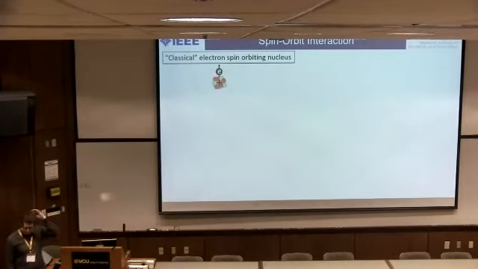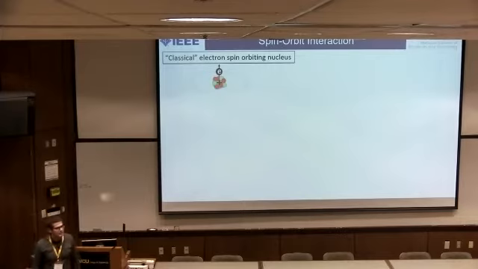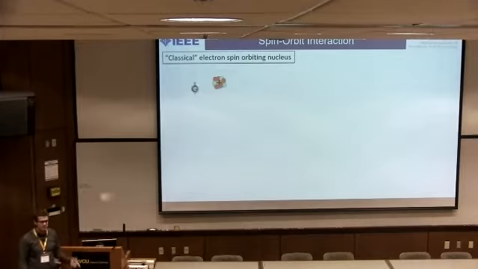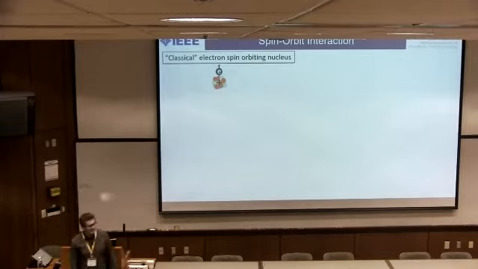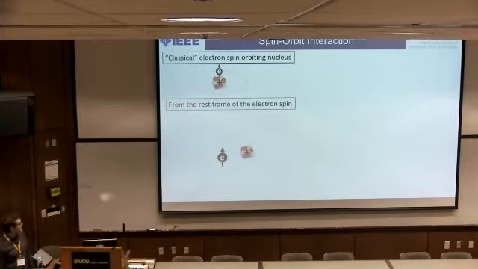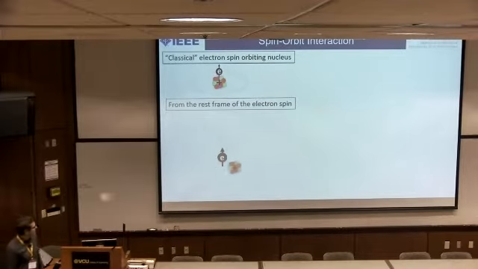So first, to get a basic understanding of what spin orbit coupling is, we can go to the classical picture of the atom, right? Where you've got an electron or a spin that is orbiting around a charged nucleus, as shown here. And then if you transfer into the frame of reference of that spin, from its perspective, that charged nucleus is orbiting around it, as shown here.